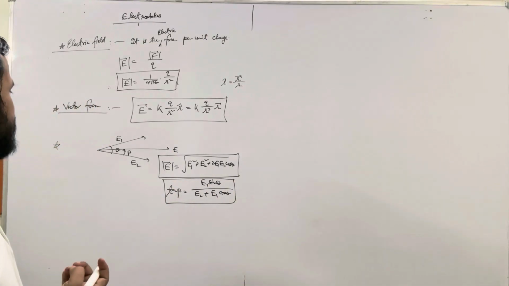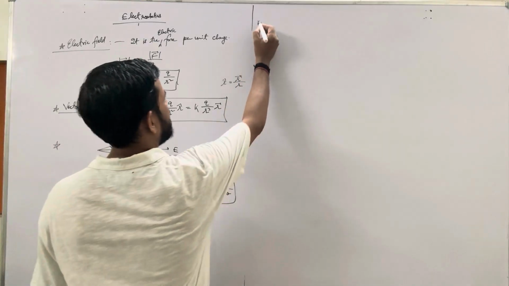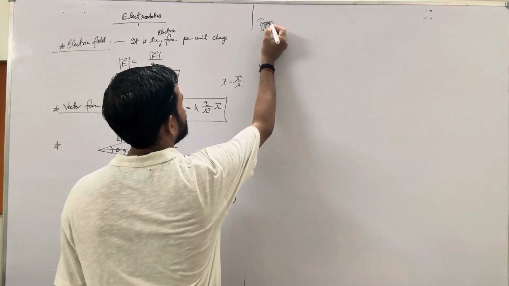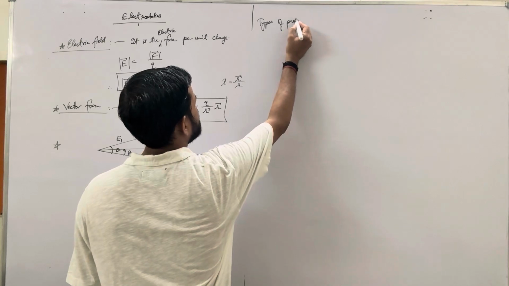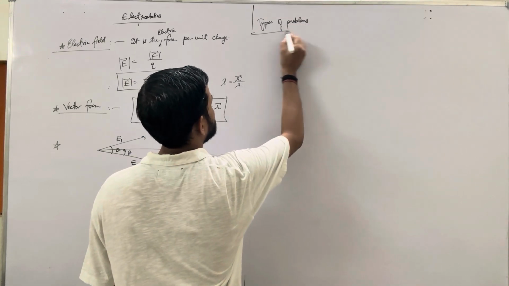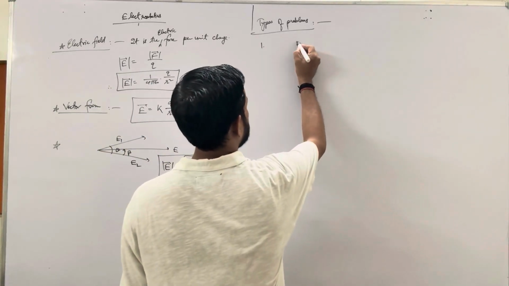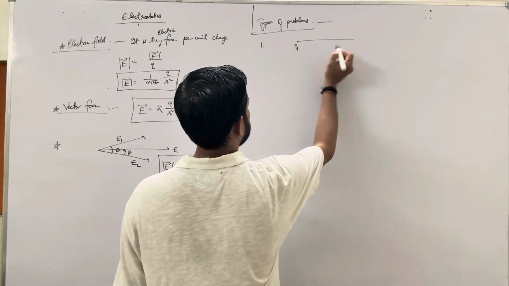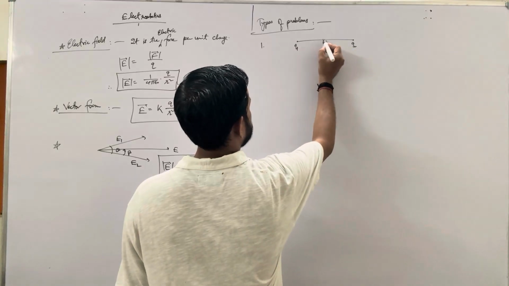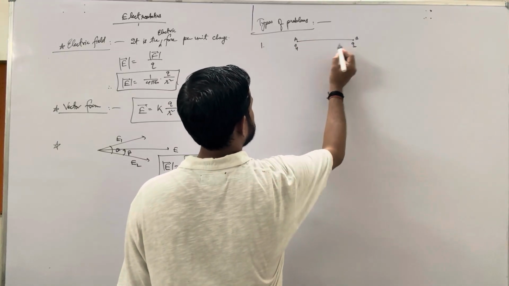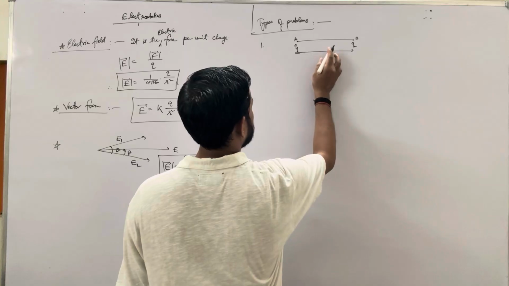What kind of problems do you get from electric field? So there are three types of problems that are generally asked in electric field. Number one, you have 2 point charges q1 and q2 separated by a fixed distance a.